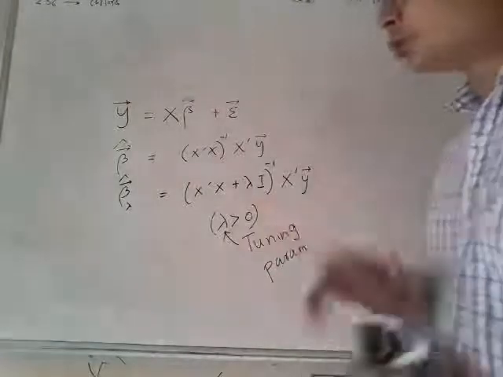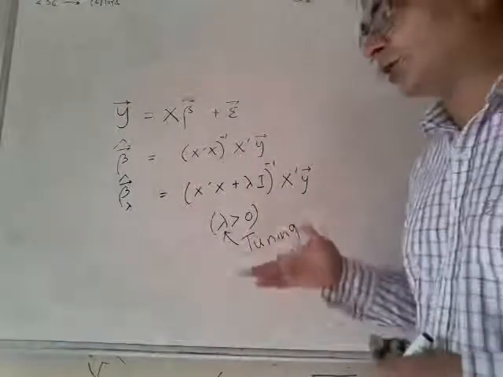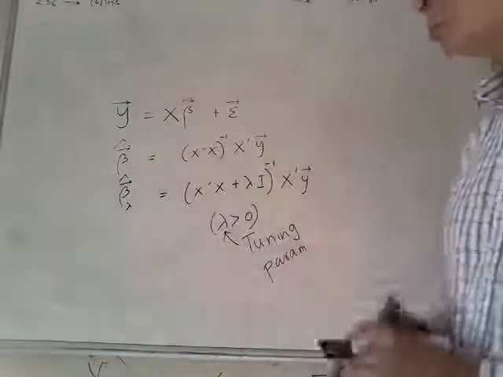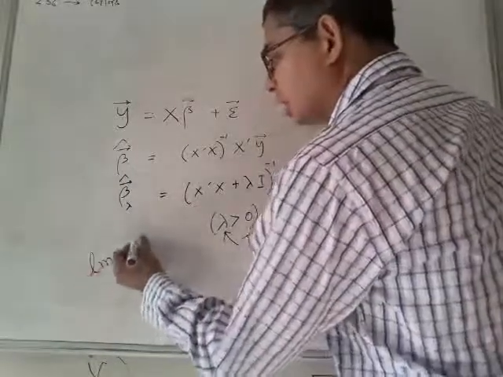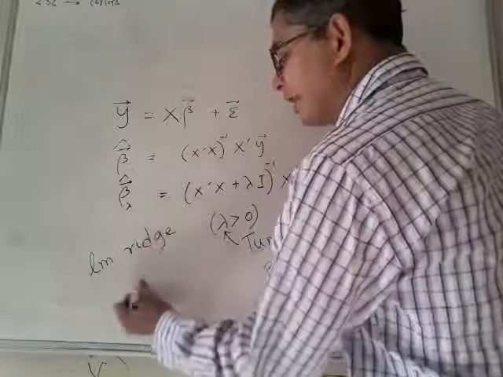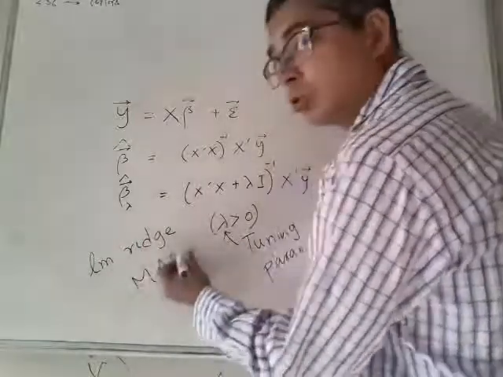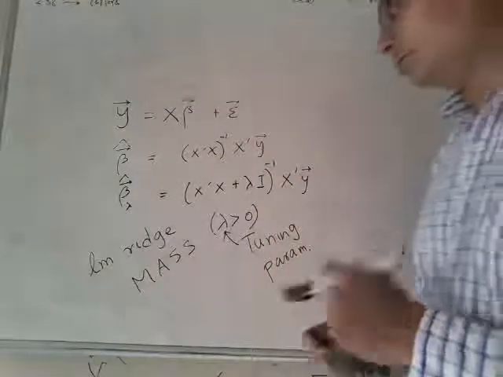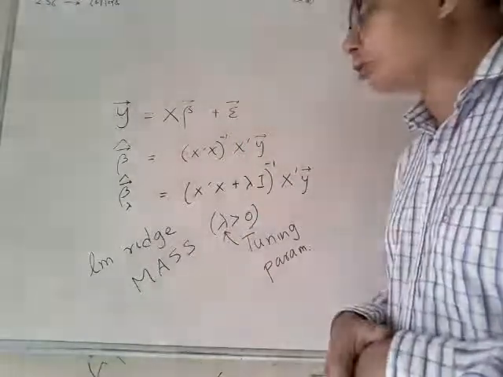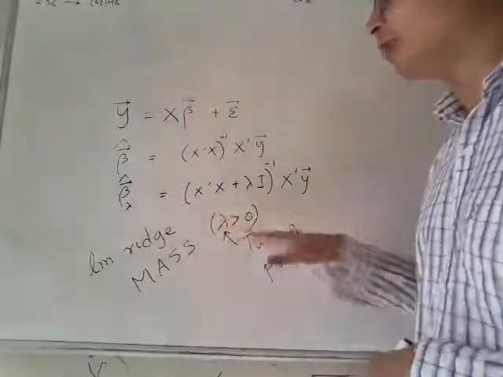Now the way to choose the tuning parameter value, as I said, is already built into the function lm.ridge, which you can find in package MASS. So no need to really implement whatever I am going to say, but I will just tell you how to do it. You pick a number of values for lambda.